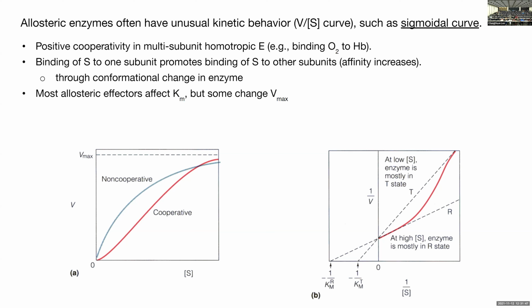So it changes Km, which leads to changes in the slope here. But Vmax does not change, because allostery only affects the affinity, not the rate or the efficiency of the reaction. So you end up having this sigmoidal curve for both the saturation curve as well as the Lineweaver-Burk plot too. Question?